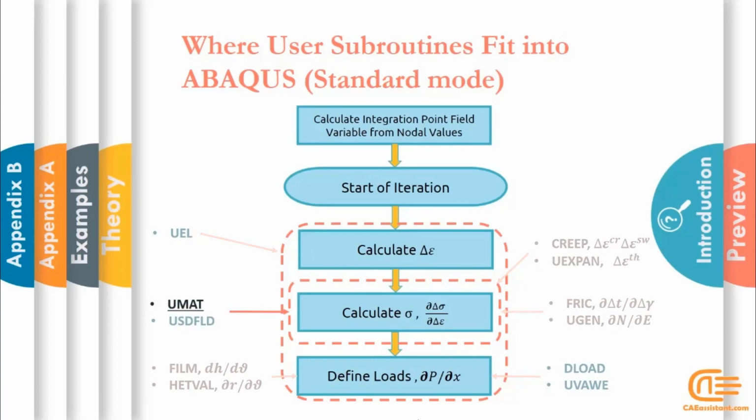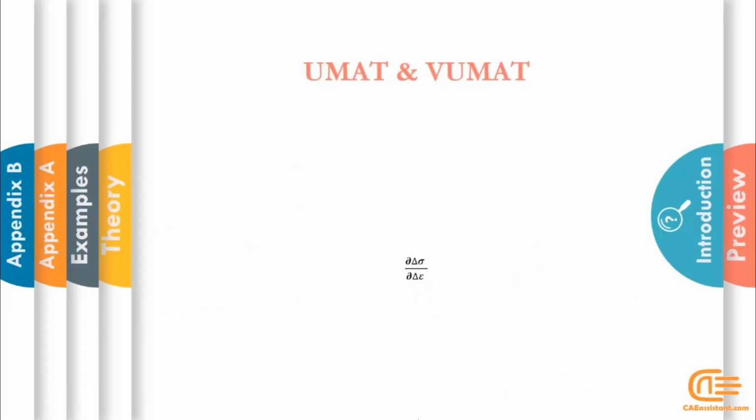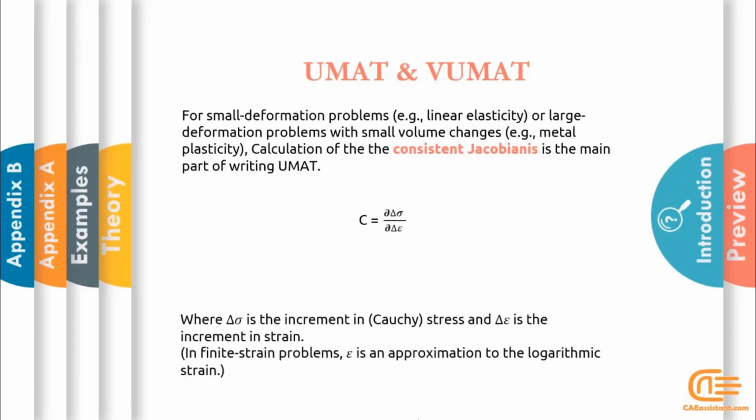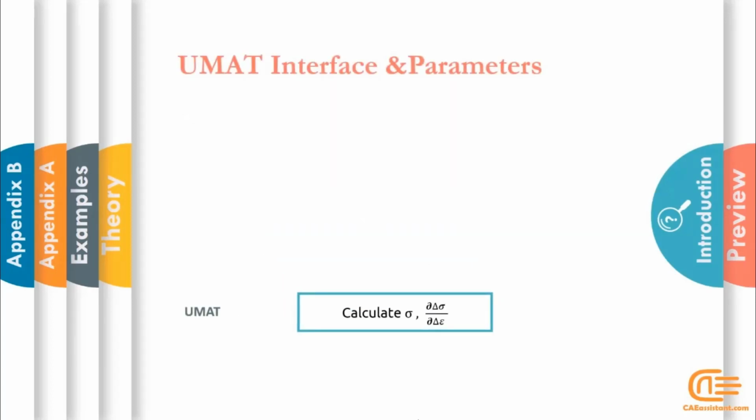So our goal in solving the implicit finite element is to calculate the consistent Jacobian, which we call C, where delta sigma is the increment in Cauchy stress and delta epsilon is the increment in strain. The parameters mentioned in the previous slide, C and sigma, are the two main parameters that must be specified in the UMAT subroutine.